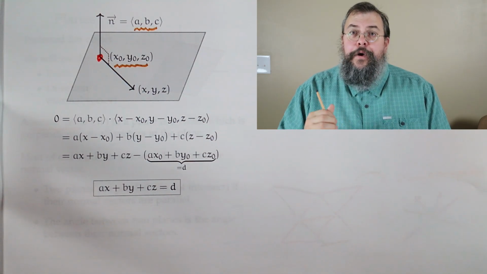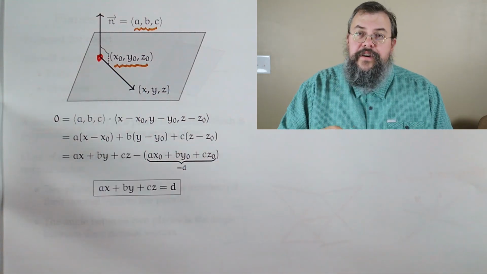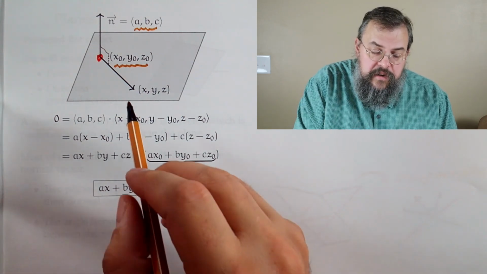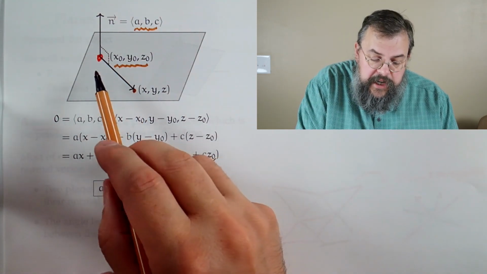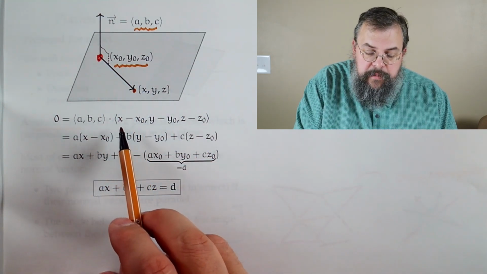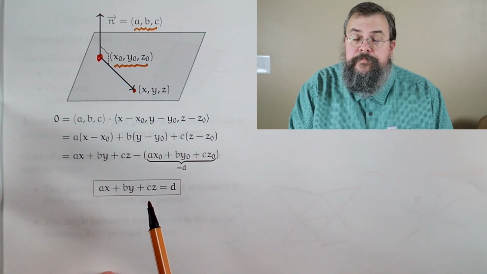So we say, hey, we have our given point in the plane, x0, y0, z0, and we have an arbitrary point in the plane, x, y, z, so we can put a vector between them. So that would be the vector x minus x0, y minus y0, z minus z0.